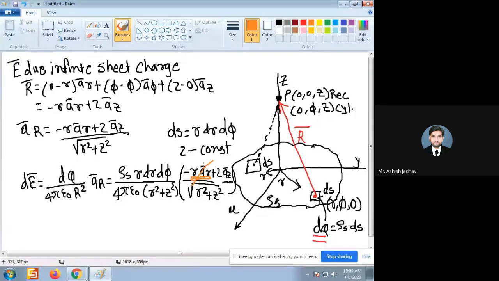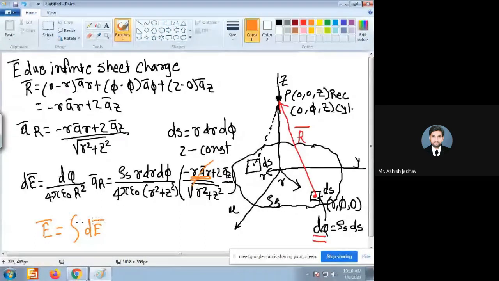That means the a bar r term is going to be cancelled. Only this a bar z is going to be there if we integrate it. That is what we are talking about, the total electric field intensity because of this entire surface. How can you find this? By integrating this differential electric field.